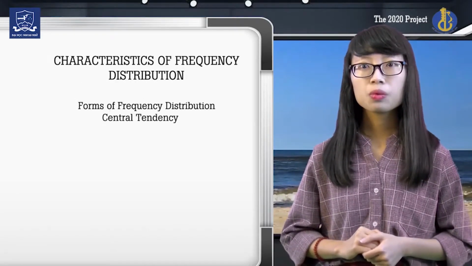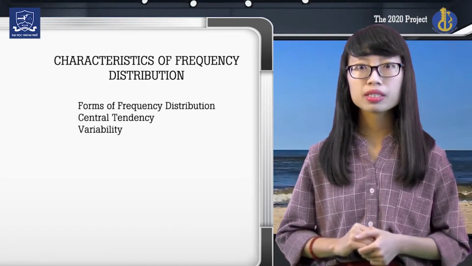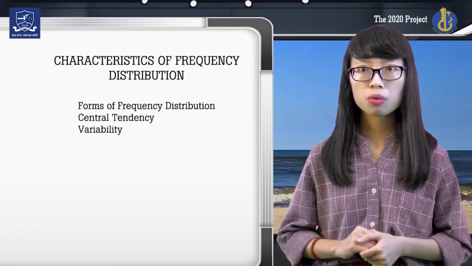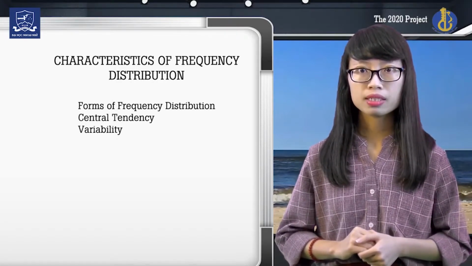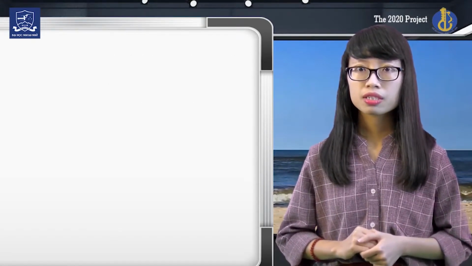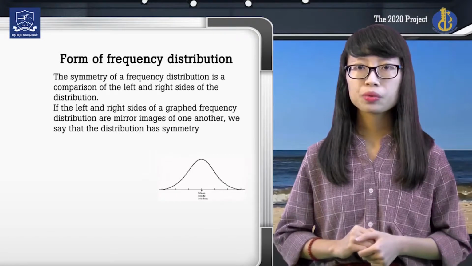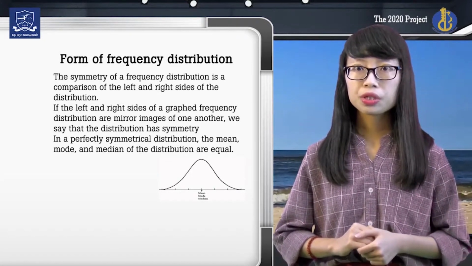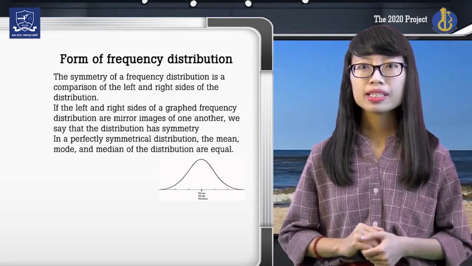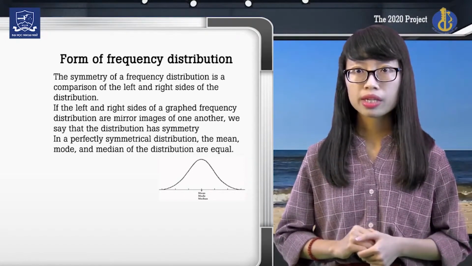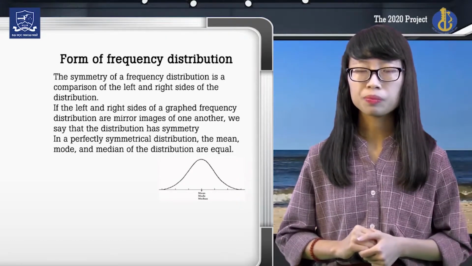And now, we will talk more about characteristics of frequency distribution, which evolves from central tendency and variability. First, about the forms of frequency distribution. The symmetry of a frequency distribution is a comparison of the left and right sides of the distribution.